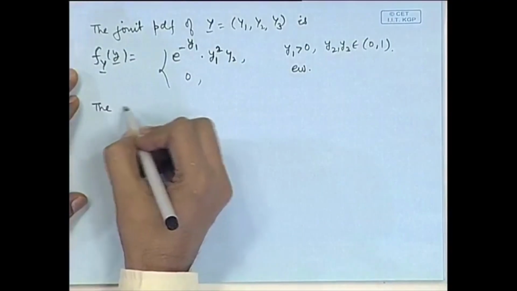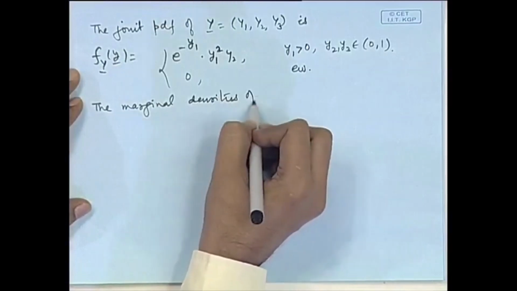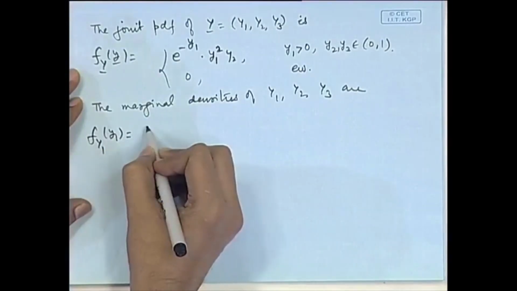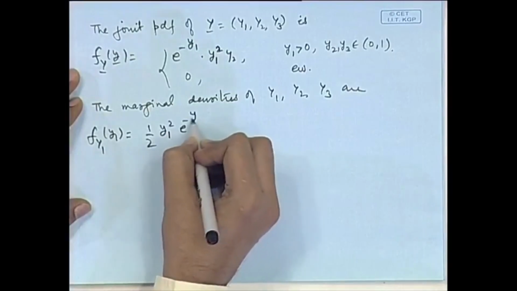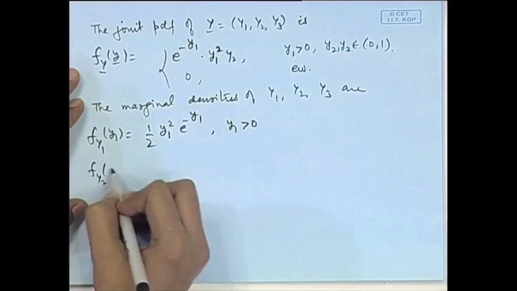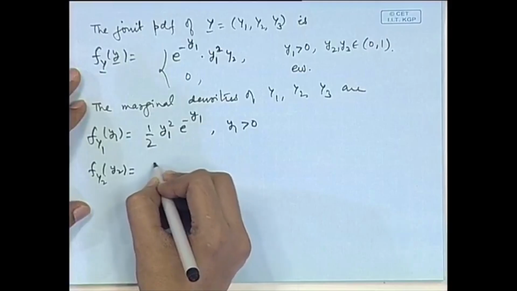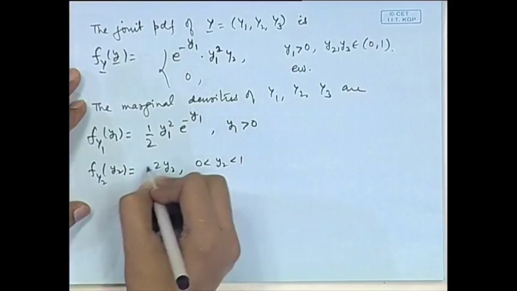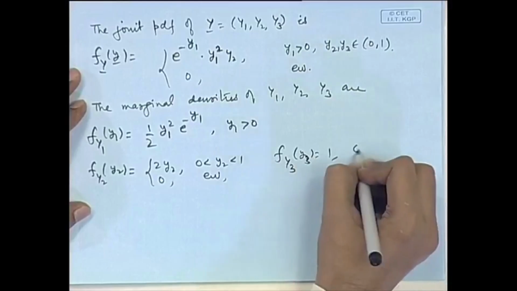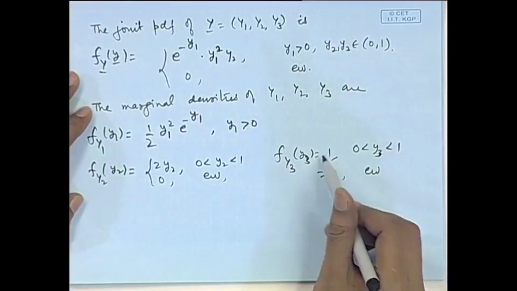So, the marginal densities of y1, y2 and y3 are obtained as f_y1 as half y1 square e to the power minus y1, which is nothing but a gamma distribution with parameters 3 and 1. f_y2 is 2 y2 for y2 between 0 and 1, and f_y3 is equal to 1 between 0 and 1. So, this is a uniform distribution.